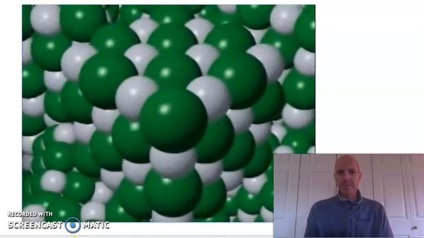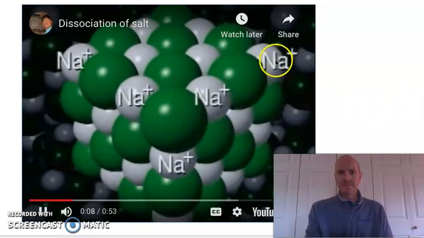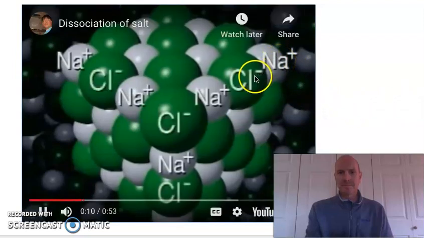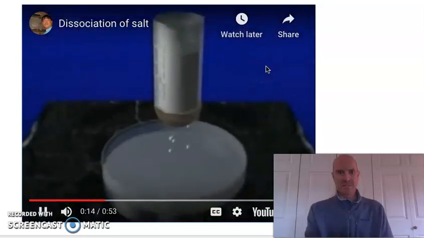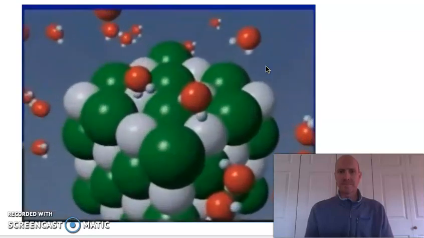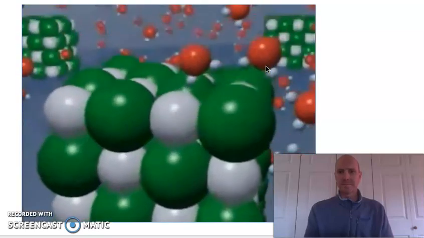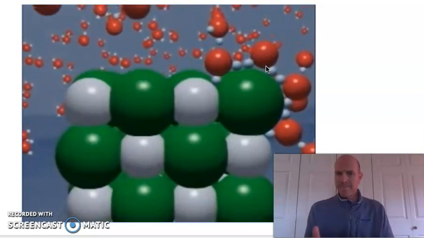Sodium chloride crystals are held together by attractive forces between the positively charged sodium and negatively charged chloride ions. Ionic compounds, crystals. When a crystal of sodium chloride is placed into water, the hydrogen ends of polar water molecules attract the negatively charged chloride ions and gradually surround them.